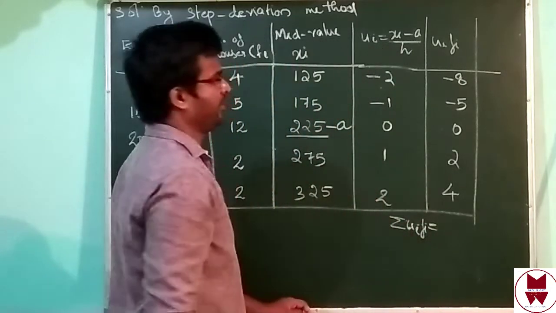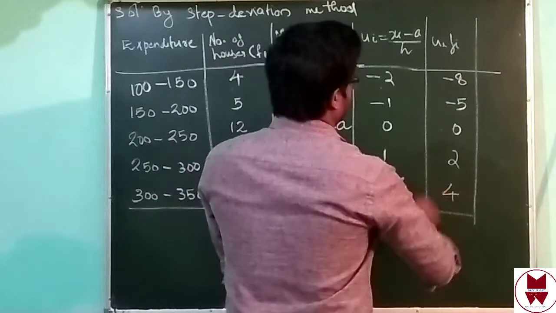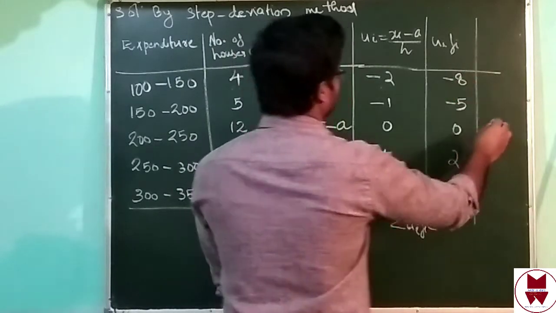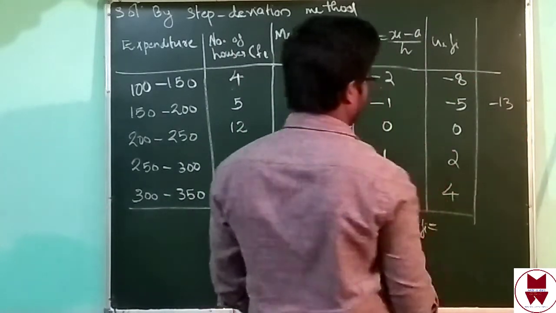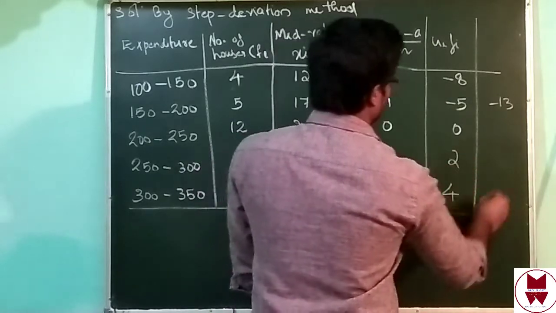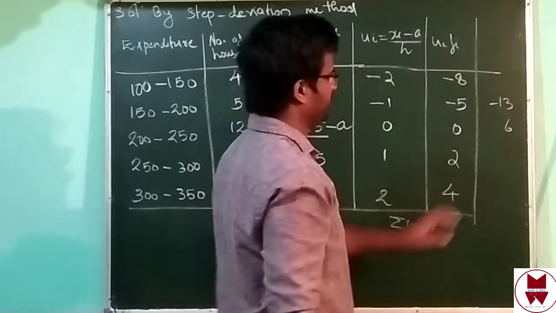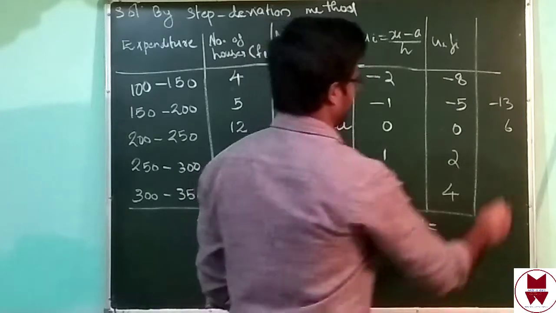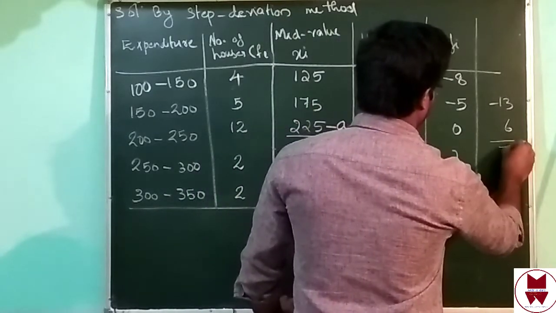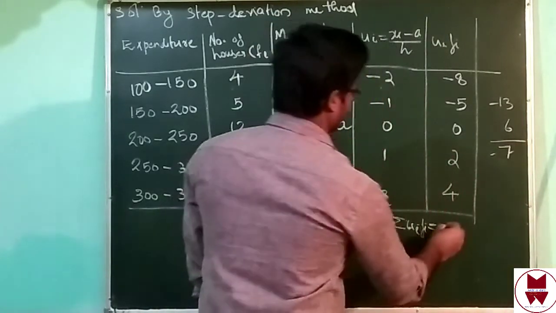Sum of u_i f_i: 8 plus 5, that is 13, minus 13. Then 2 plus 4, 6. If you do 6 minus 13, you will get minus 7.